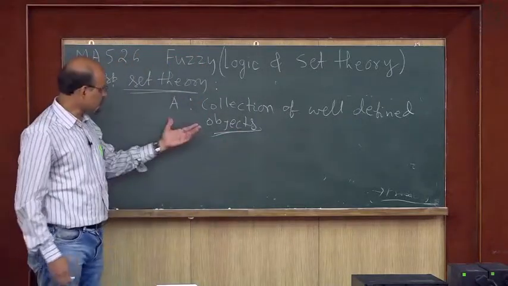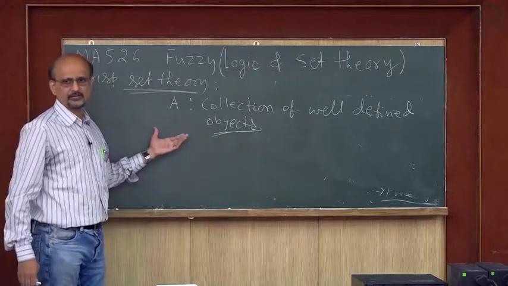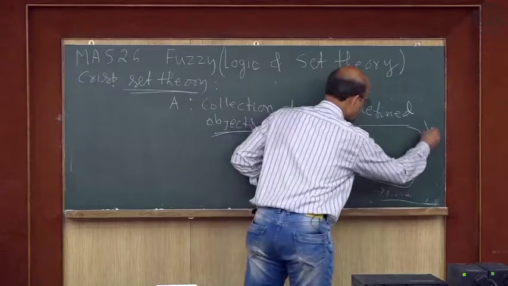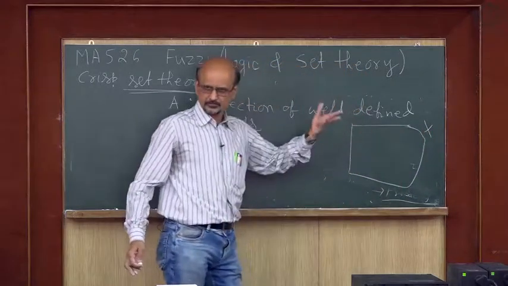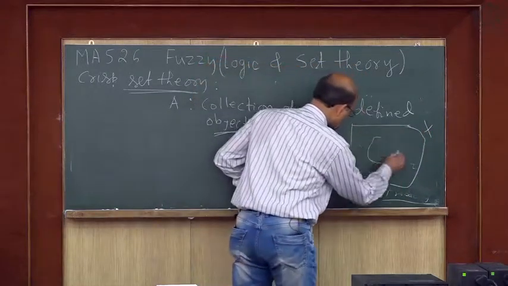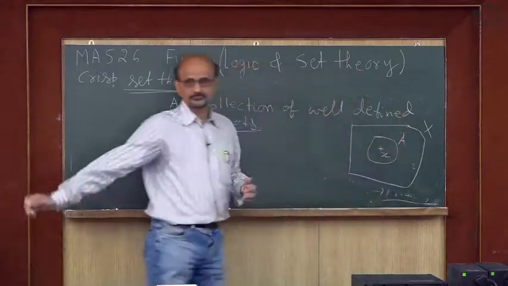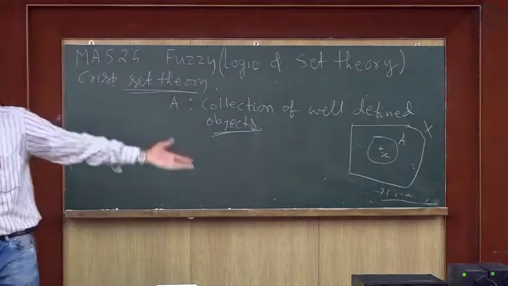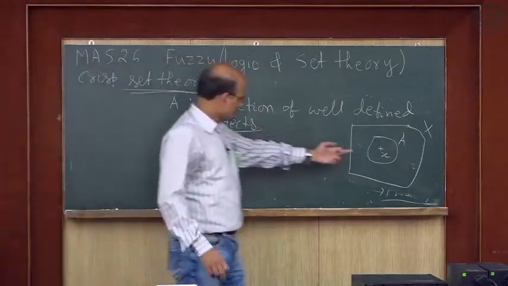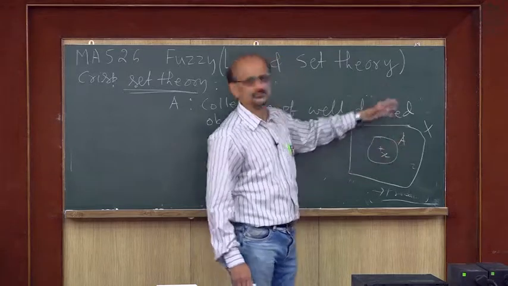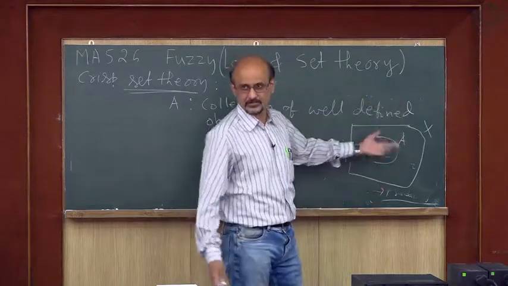Okay? Now, suppose x is an element of A. Suppose I take a set A, X is the universal set, and x is an element in A which is well defined, or maybe x1, x2, ..., xn if it is n dimensional Euclidean space.